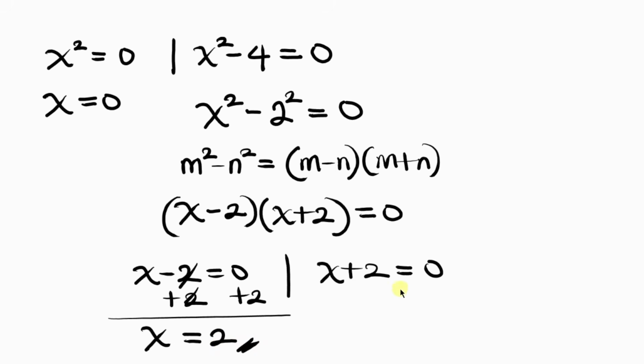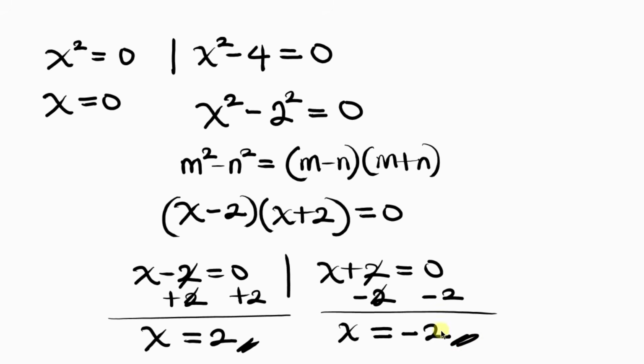Now for this case, we subtract 2 from both sides. Now subtracting 2 from both sides, this gives x. Now 2 minus 2 is 0, to be equal to 0 minus 2 is negative 2. Very good. So we've got x equal to 2, x equal to negative 2, and x equal to 0.